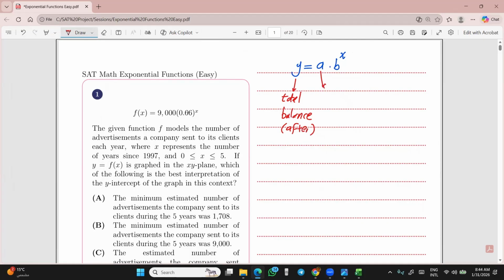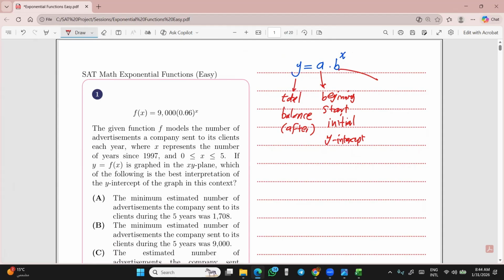But A is something in the beginning, or at the start, or at the initial period or initial phase, or maybe it's called the y-intercept. Of course, when I say y-intercept, the form should be like this, not plus or minus something. It's in this form, which is the parent function.